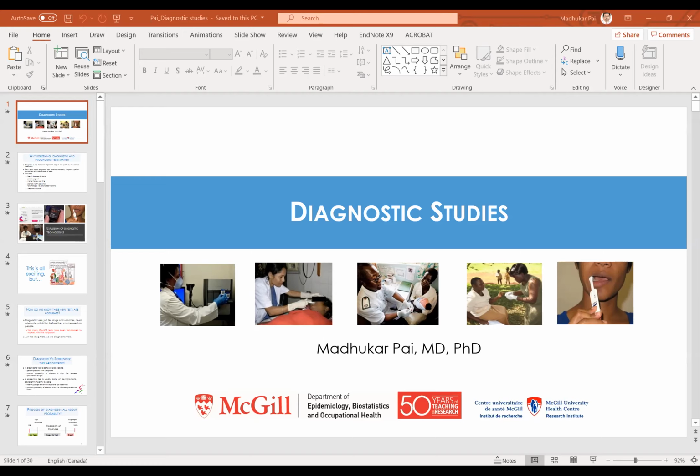The biggest difference between a diagnostic situation and a screening situation is that screening situation invariably is done when the prevalence of the disease is very low, right? Most people who are screened will be negative, right? In a diagnostic situation, when somebody is sick and seeking care, the test will be done in a situation where the disease prevalence is high, right?